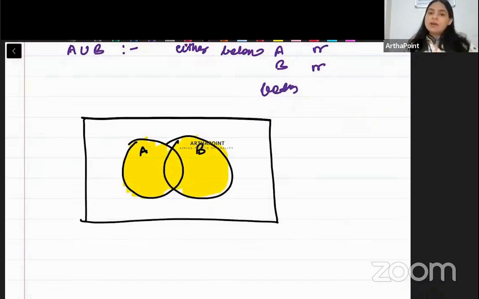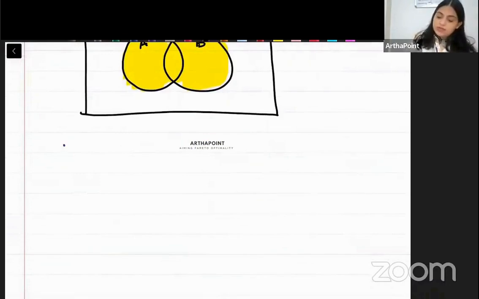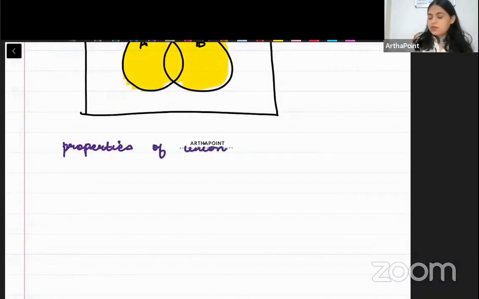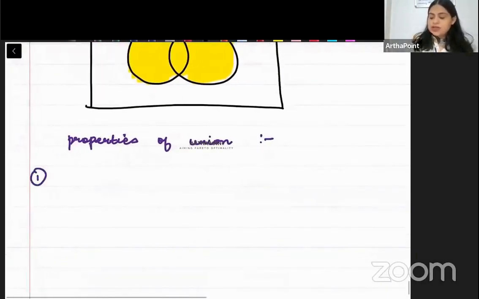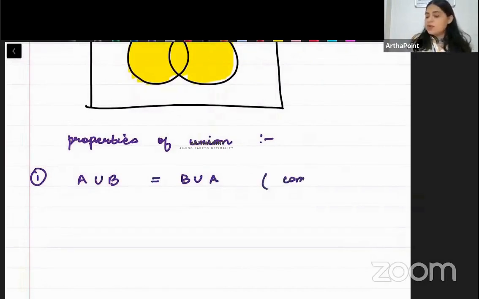There are some properties of the union that you should know. So please write down, beta. Properties of union. The first property of union is that whether you do A union B or B union A, it is the same thing. This is called the commutative law.